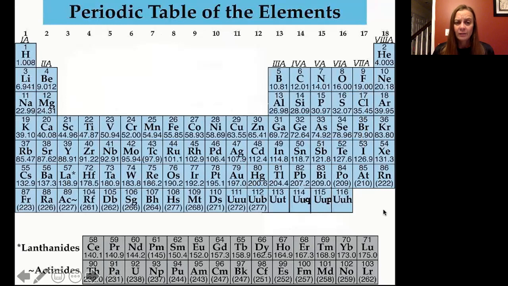Now, the gaseous elements are hydrogen, all of the noble gases in the last column, and then nitrogen, oxygen, fluorine, and chlorine. That's it. There are not a lot of elements that are gaseous at room temperature. And then one other thing that we need to know is the elements that are diatomic, meaning that when we find them in nature, we find them in pairs.